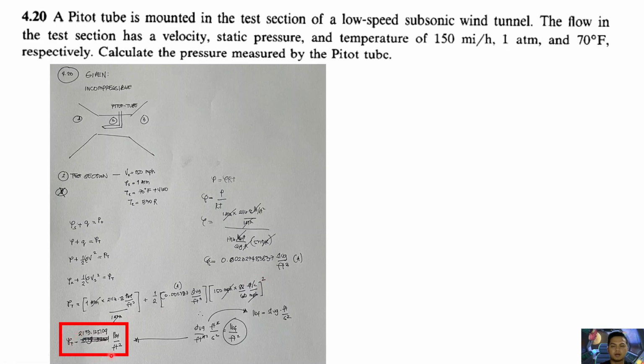So, ang total pressure natin or pressure measured by the Pitot tube is 2,173.125109 pounds per square foot.